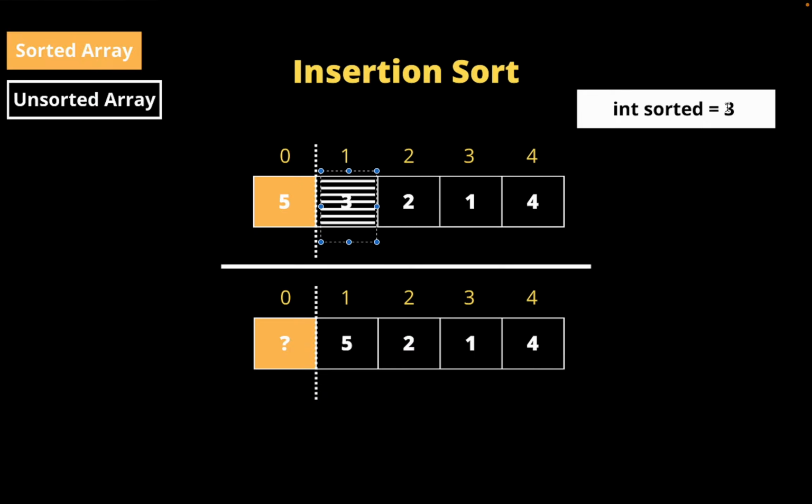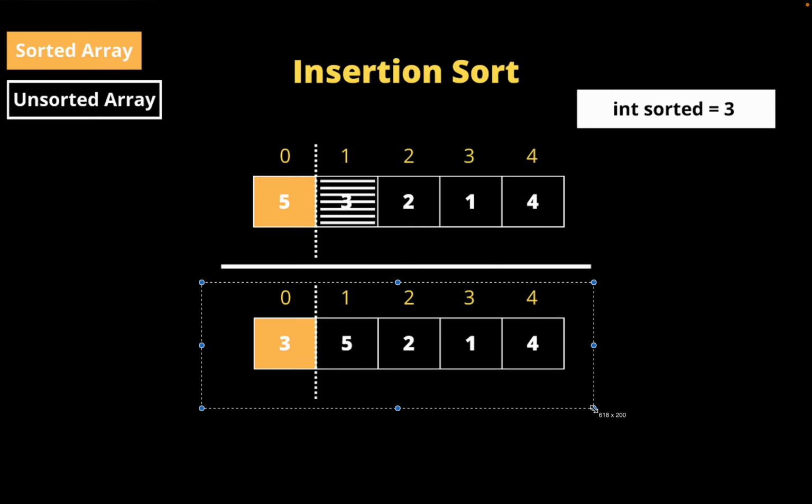We are going to compare this value, the one that we have in the variable, with our sorted array. Right now we have 5 here. When we compared our value with 5, 3 was less than 5, so 5 was shifted to this place, and 3 was shifted to this place, as you can see.